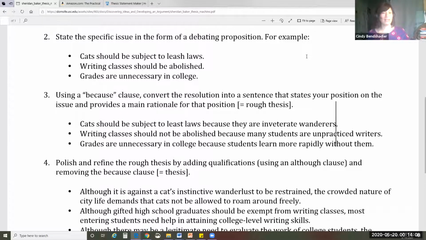Or if I'm talking about writing classes, maybe I'm going to argue that they should be abolished or should not be abolished. Or I can argue that grades are unnecessary in college, or I can argue that grades are necessary in college. So whatever my topic is. And then using a because clause, I can give the main rationale for my reason.